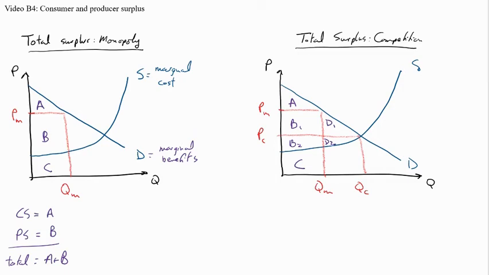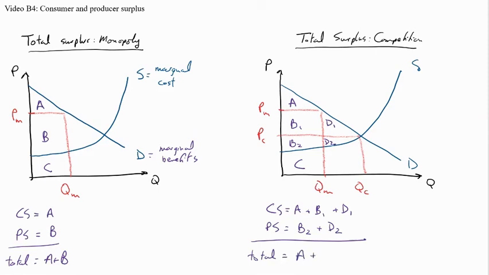In competition, we have consumer surplus equals area A plus B1 plus D1. Our producer surplus is area B2 plus area D2.